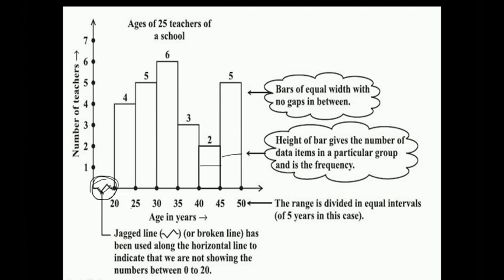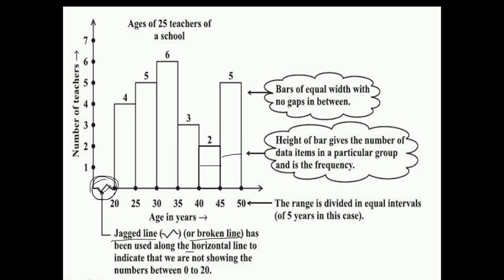So 20 plus 5 is 25, 25 plus 5 is 30, 30 plus 5 is 35. So here we choose the range divided into equal intervals. And this jagged line, also known as a broken line, has been used along the horizontal line.